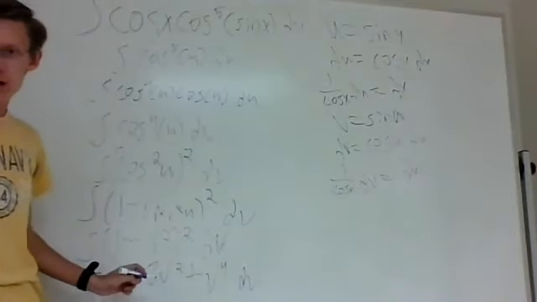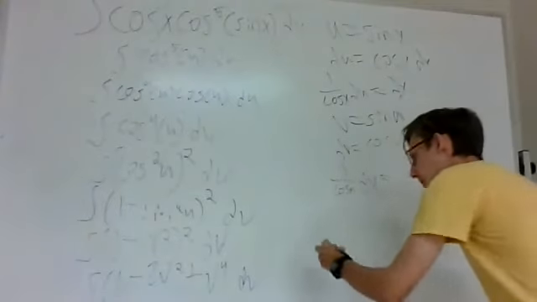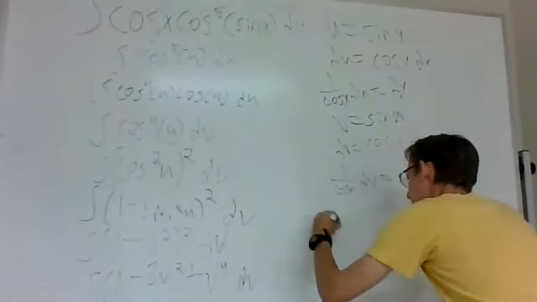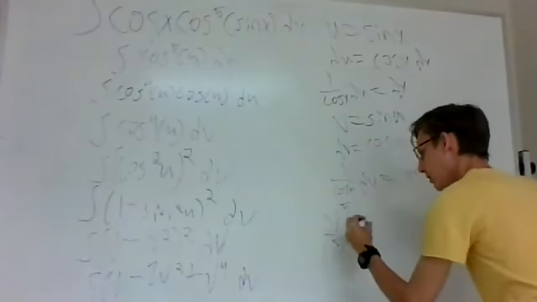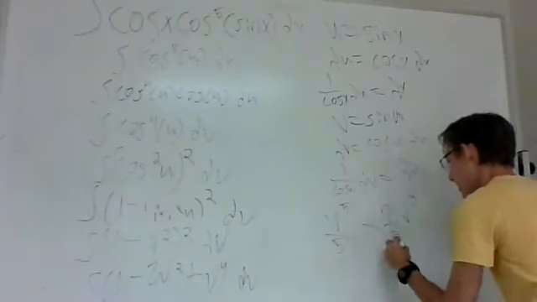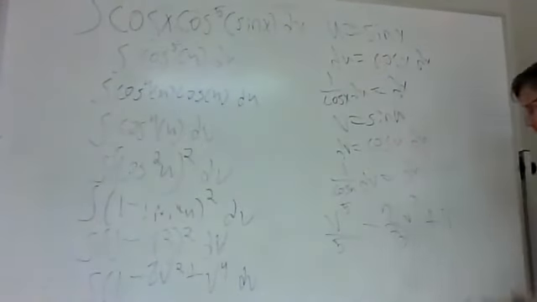Next thing we need to do now is solve for the integral of this, which would be, if we were to rearrange this term here a little bit, v to the fifth over 5 minus 2v to the third over 3 plus v.